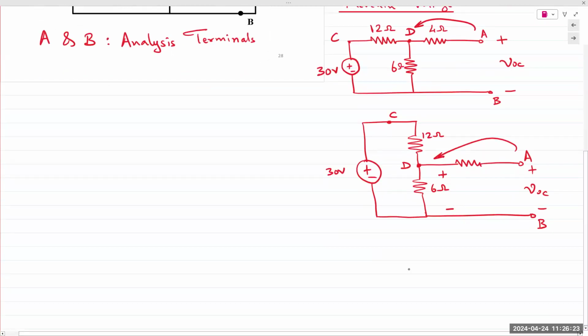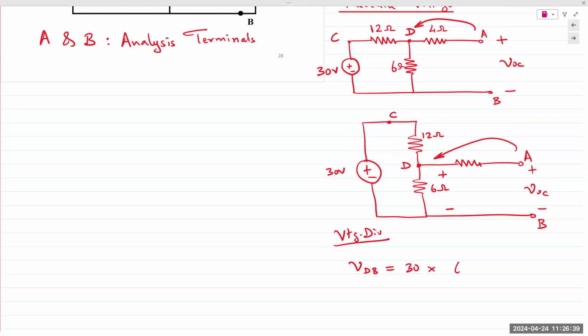So in this case, since they are in series, I can apply voltage division. If I apply voltage division, I can write VDB is a fraction of 30 volts. The fraction would be given by the resistor to Req, which is 12 plus 6. 6 divided by 18, 1/3 of 30 gives me 10 volts.